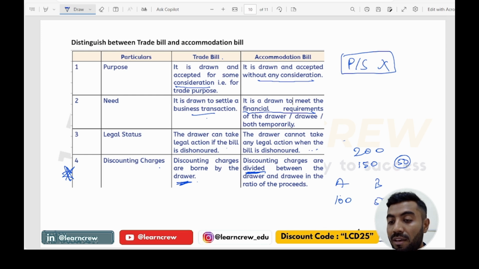So the 50 of discounting charges will be shared in the ratio of 2 to 1, that is 2 by 3 and 1 by 3. 33.33 will go to A, and 16.67 will go to B. This is the important point. It should be divided between the drawer and the drawee.